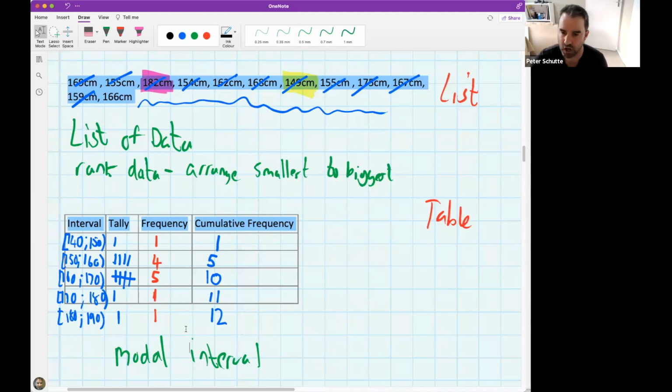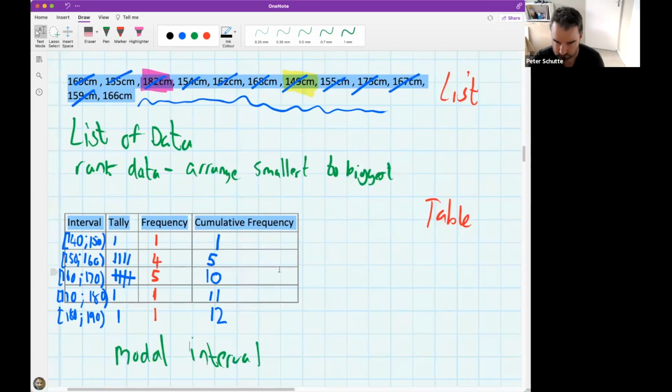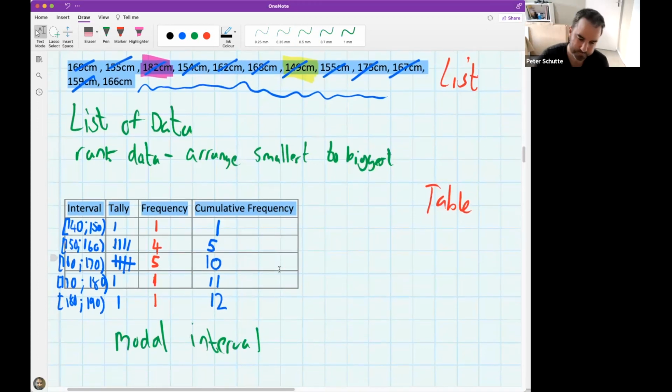Sir? Yeah. I'm not understanding how you got to the cumulative frequency from 1 to 5, then 10, then 11, then 12. Okay. Can you see the frequency column over here? Yes. In row 1, there's 1 item, a frequency of 1.